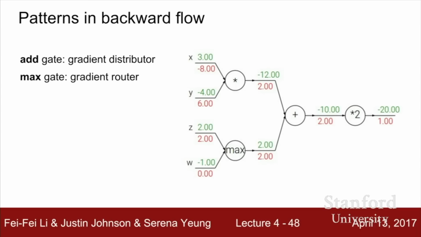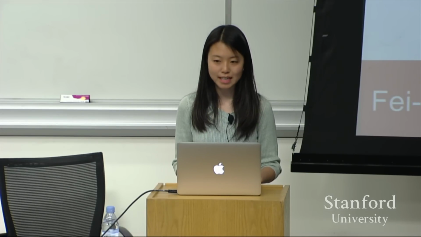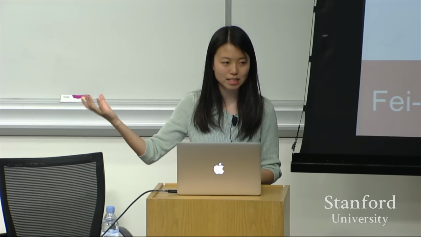Whereas the addition node passed back the same gradient to both branches coming in, the max gate will just take the gradient and route it to one of the branches. This makes sense because if we look at our forward pass, only the value that was the maximum got passed down to the rest of the computational graph. It's the only value that actually affected our function computation at the end. So it makes sense that when we're passing our gradients back, we just want to flow them through that branch of the computation.